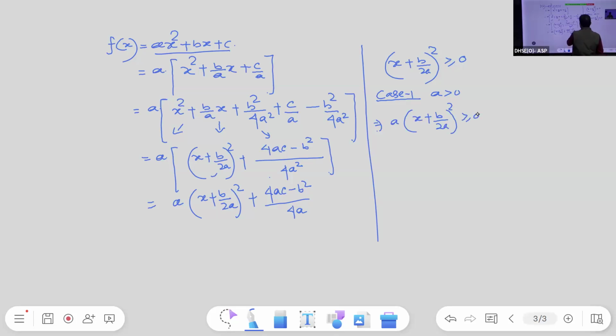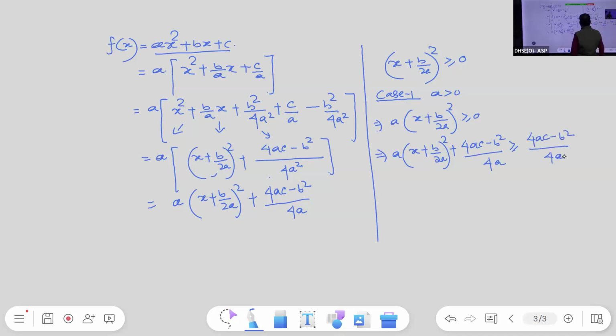Now add (4ac − b²)/4a to both sides. So this implies a times (x + b/2a) whole square plus (4ac − b²)/4a is greater than or equal to (4ac − b²)/4a.